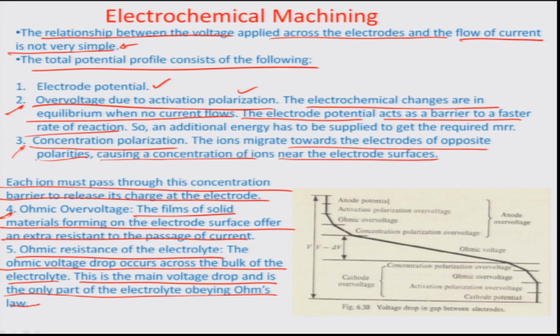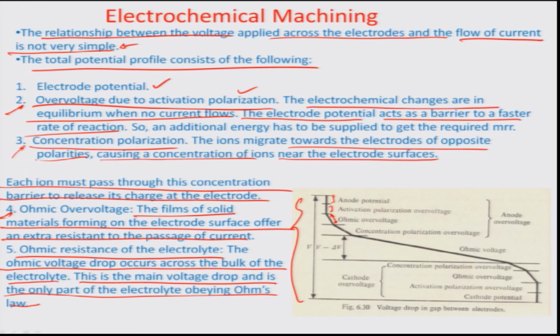So, if we were to plot all this on a voltage scale between a cathode surface and an anode surface, as has been illustrated here, there would be some part of it which is the anode potential, some other part which is the activation polarization. There is of course a thin film resistance which happens because some deposition obviously would take place at the electrodes.